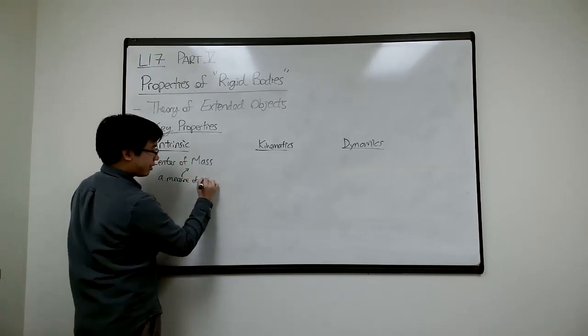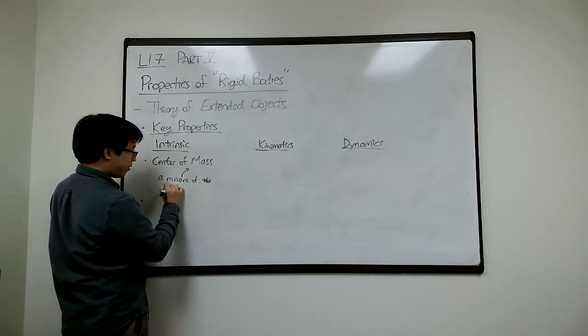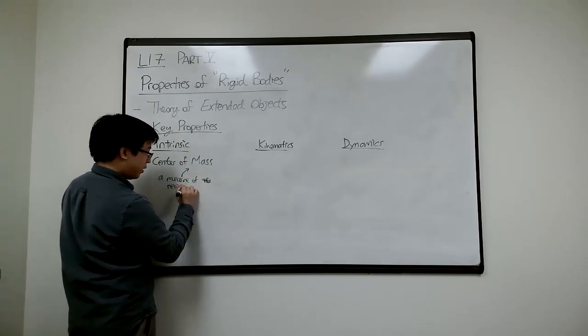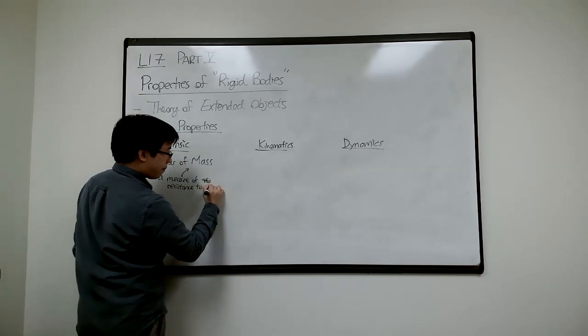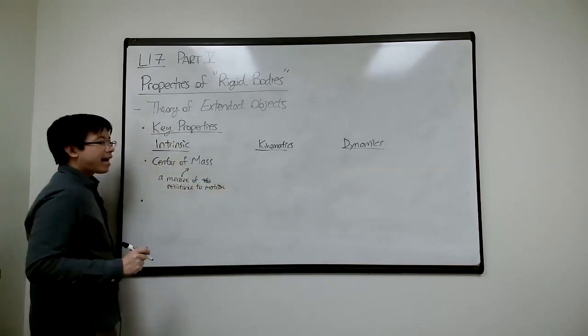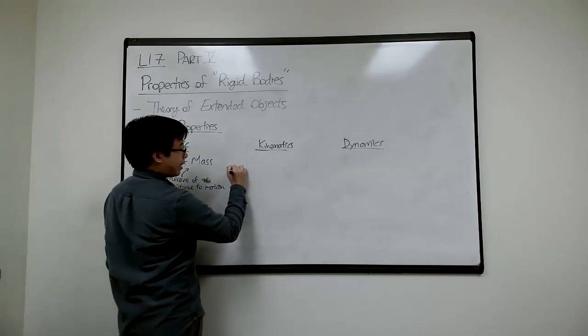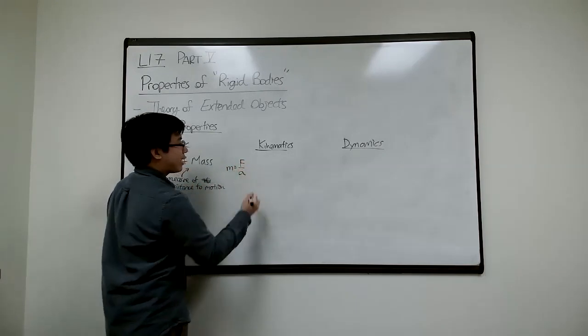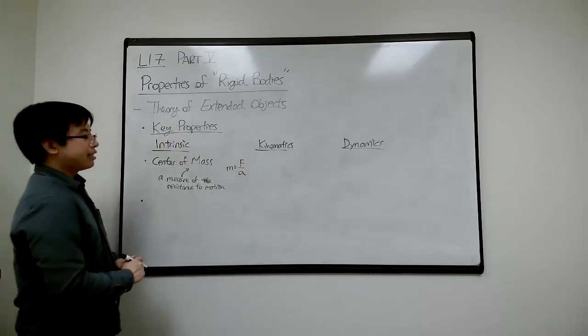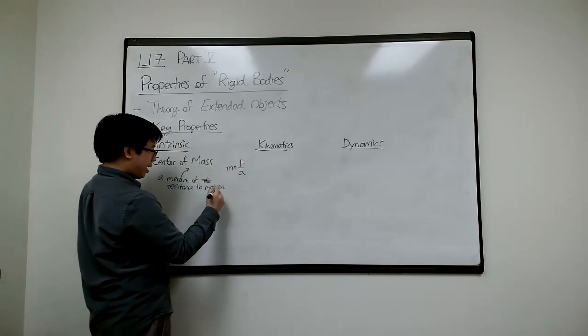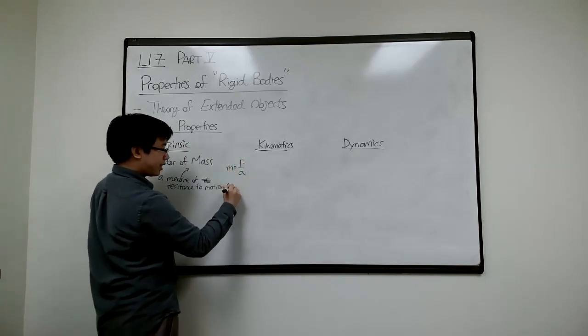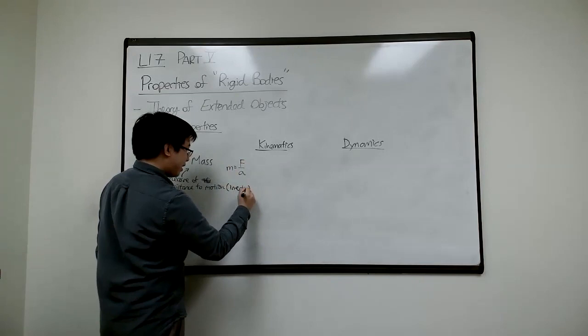It's a way to measure it. And how do we measure it? By applying a force and seeing how fast it accelerates. So that's basically how you measure mass. This is what we call inertia.